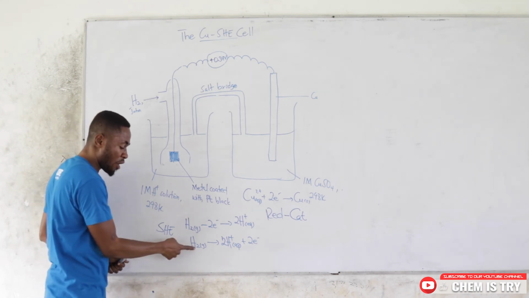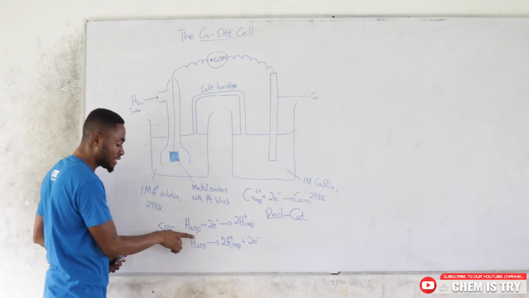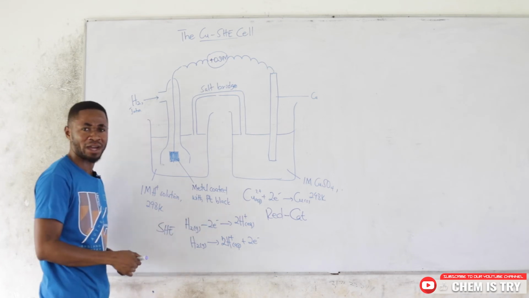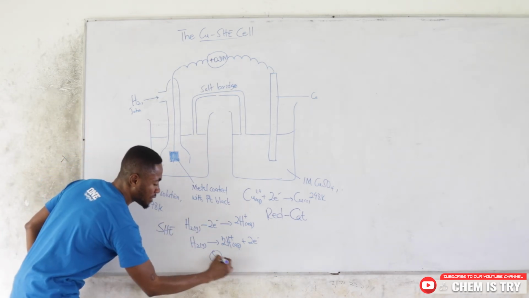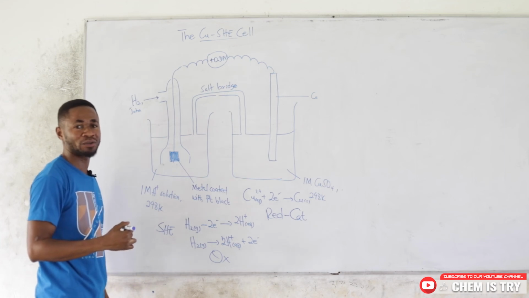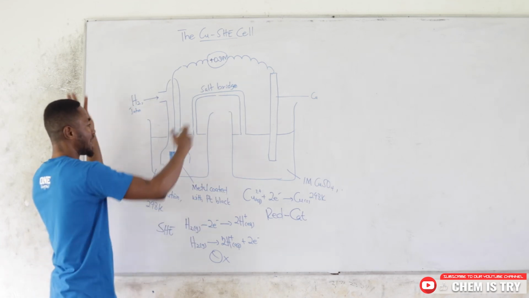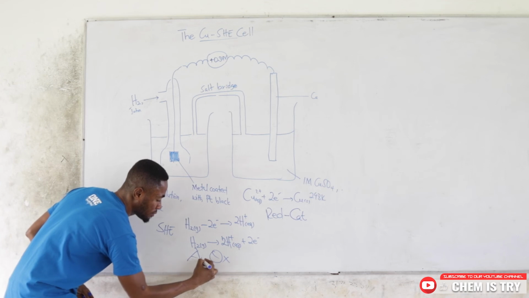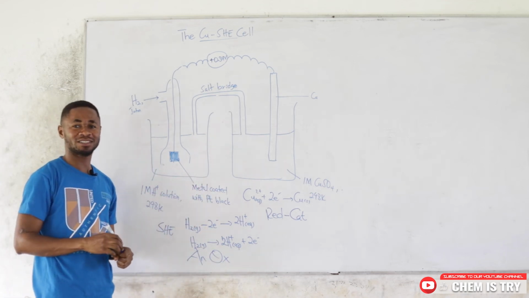The oxidation number of hydrogen is increasing from 0 to +1. So this is an oxidation half cell. And the oxidation half cell we call anode.